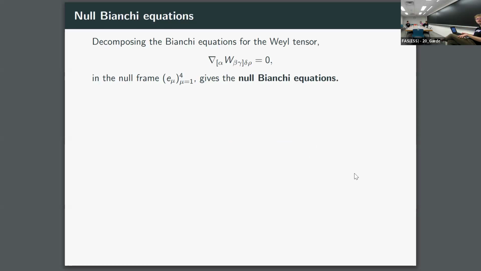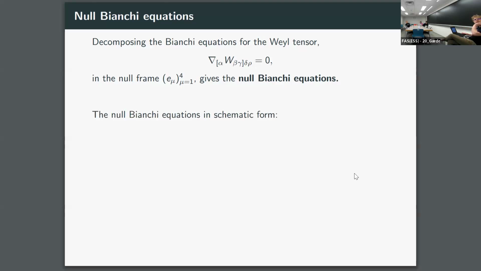This is a crash course on deriving the Bianchi equations in a null frame, which, for instance, Christodoulou and Klainerman do in Minkowski stability and which is done earlier, but I'm just briefly going through it, instead of just presenting the full list of 10 null Bianchi equations.